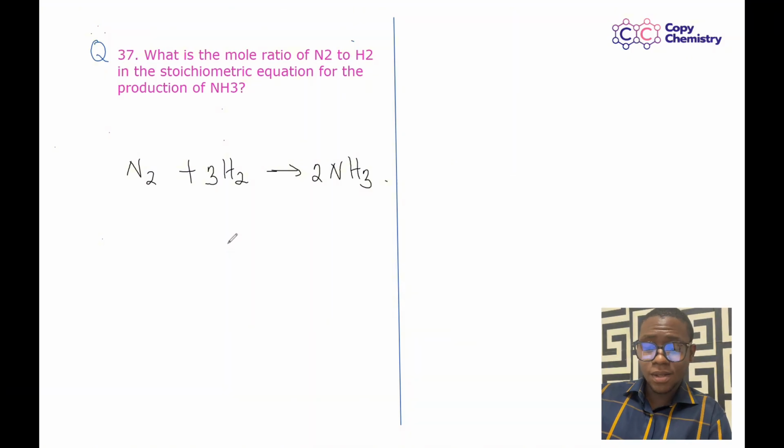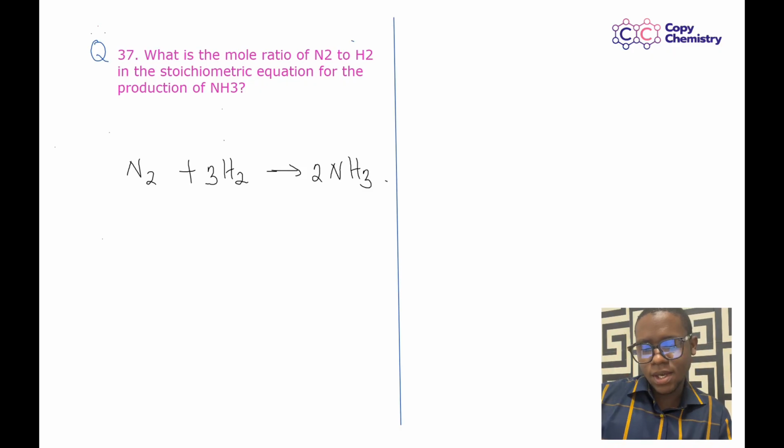What we are concerned about is not whether this reaction is reversible or not. That's not really our concern. We're not even concerned about the catalyst or stuff like that that should make it proceed forward. But we are concerned about the ratio of nitrogen to hydrogen in this equation.